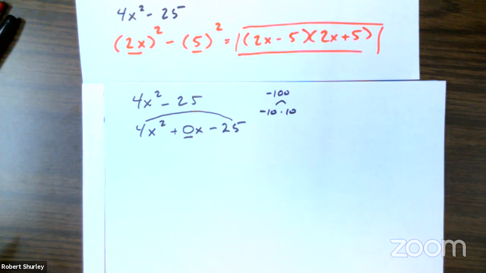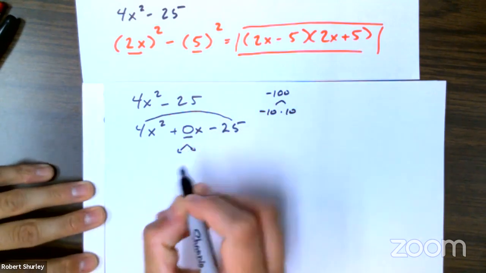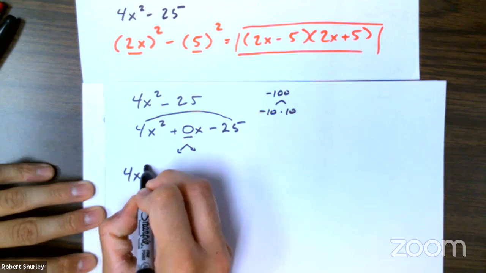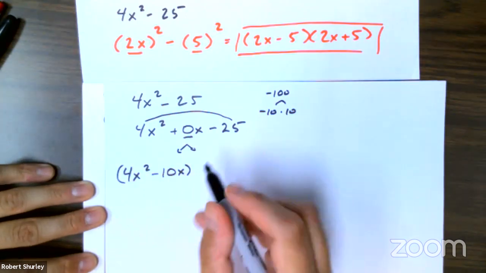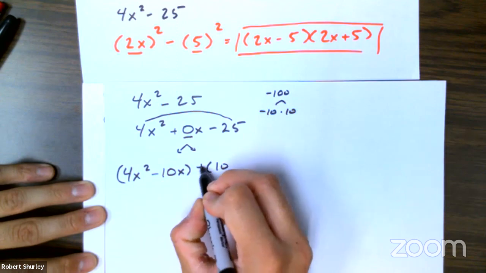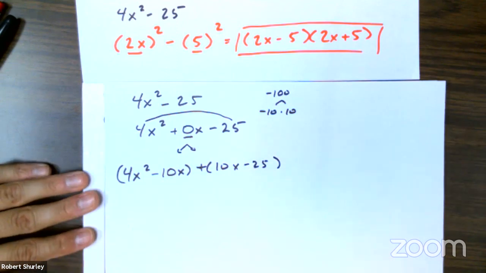Negative 10 times 10 gives me negative 100, but they add to give me 0. So I'm going to split the 0 apart now. 4x squared minus 10x, I'm going to group that together, plus 10x minus 25.